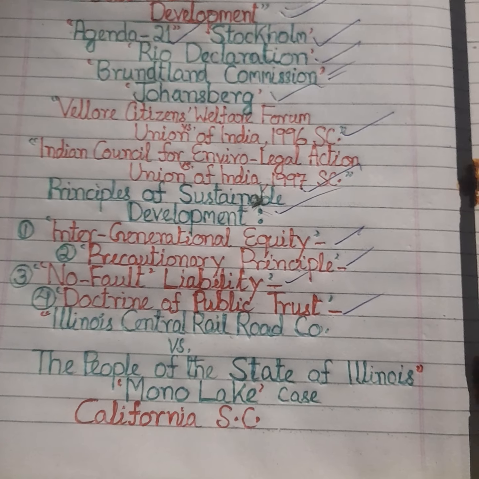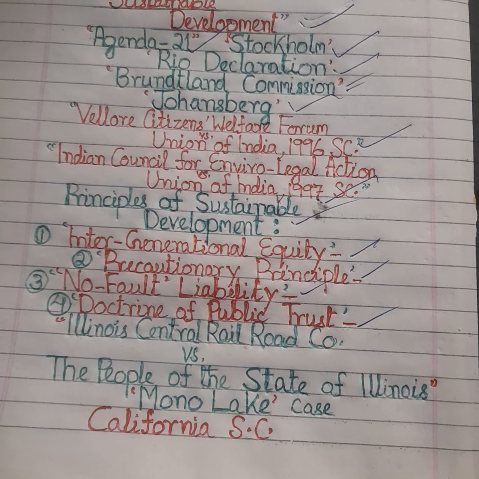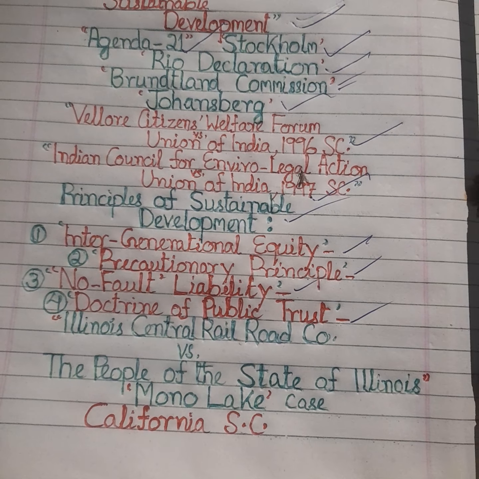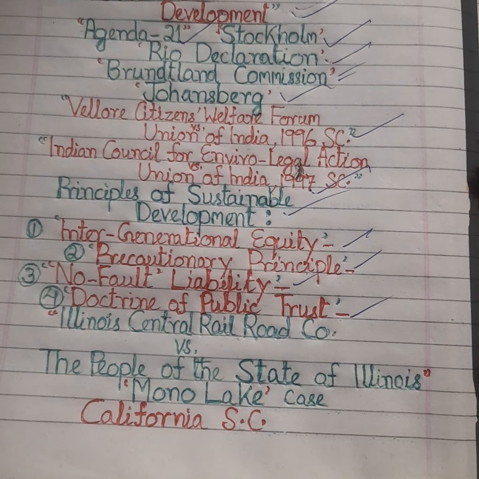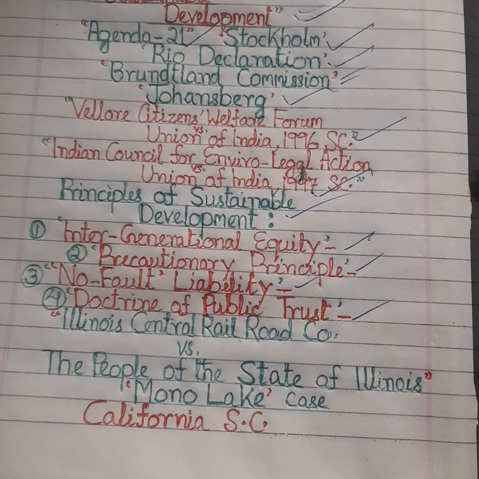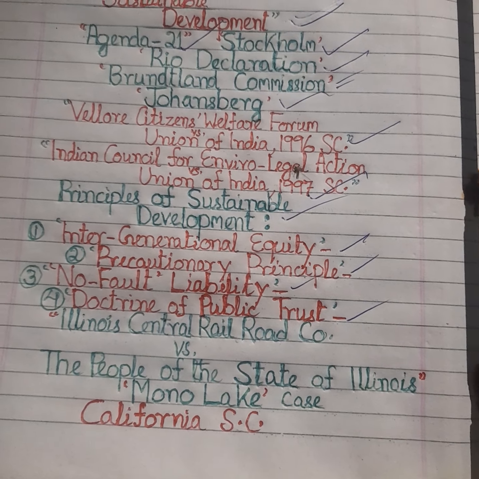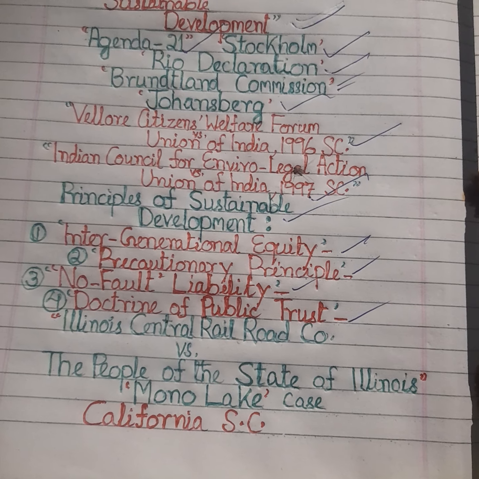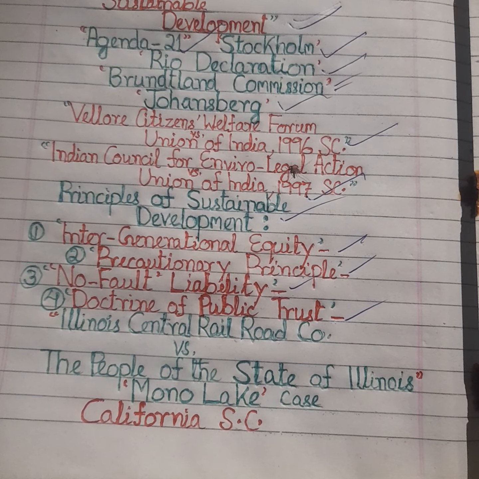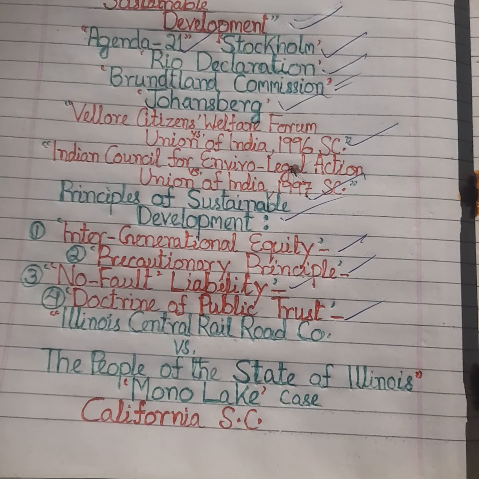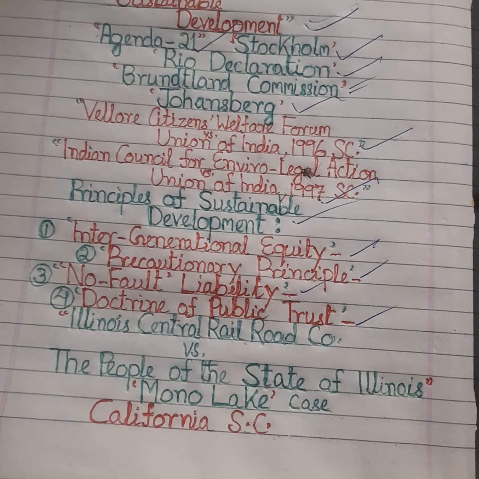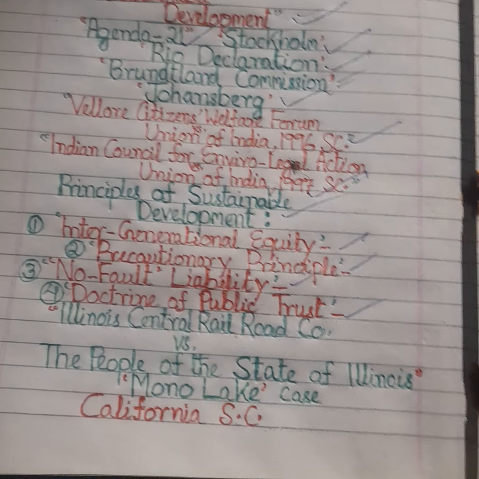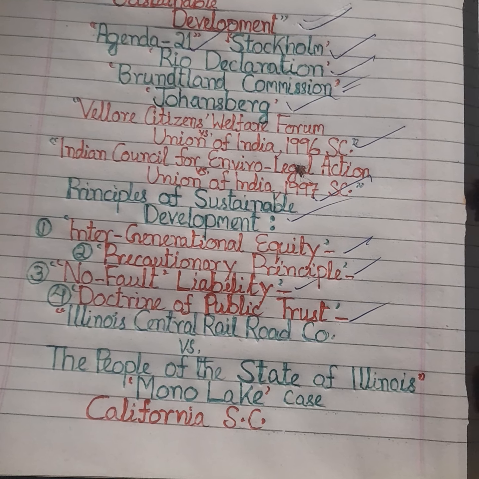The apex court observed that for the preservation of a prestigious monument like the Taj, in view of the precautionary principle, the environmental measures must anticipate, prevent, and attack the cause of environmental degradation.